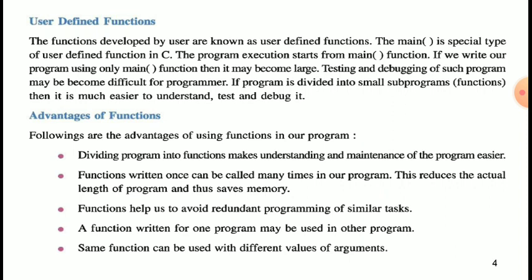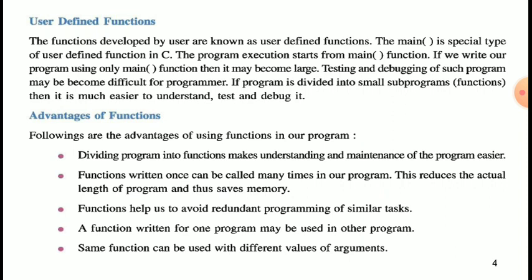Advantages of functions. Following are the advantages of using functions in our program. Dividing a program into functions makes understanding and maintenance of the program easier. Functions written once can be called many times in our program. This reduces the actual length of the program and thus saves memory.